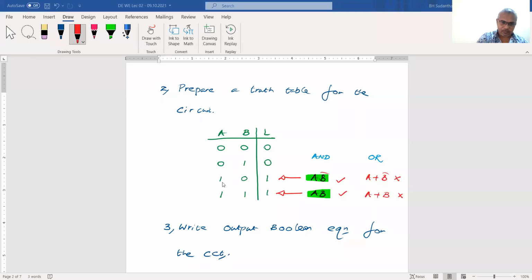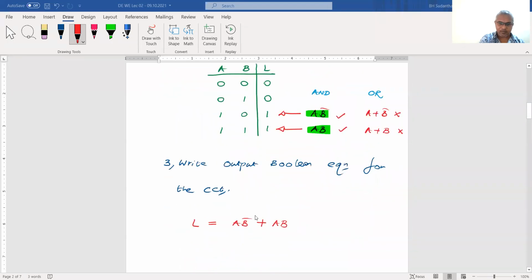With this AND operation, we want both conditions satisfied. Only when both conditions are true does this AND give an output. That's why you can realize this very easily.